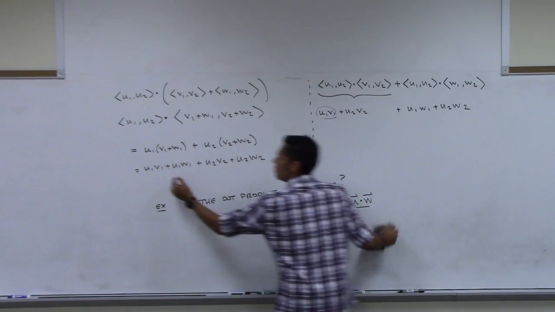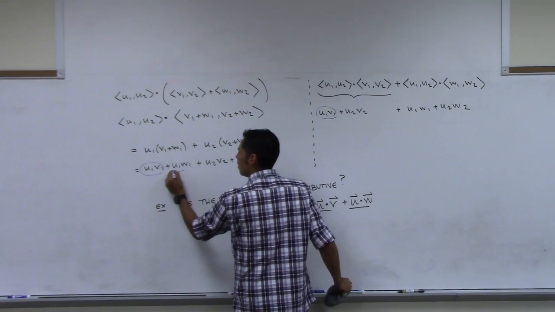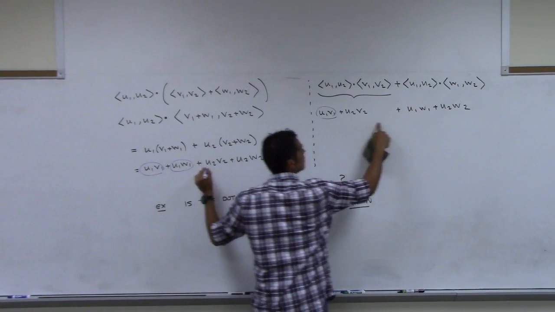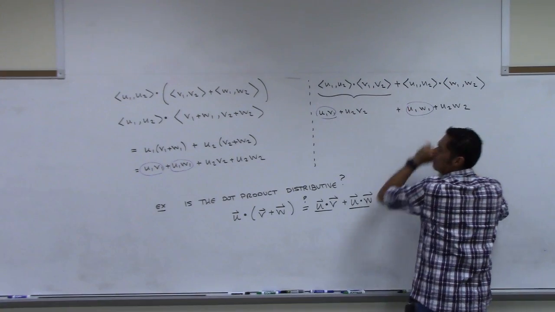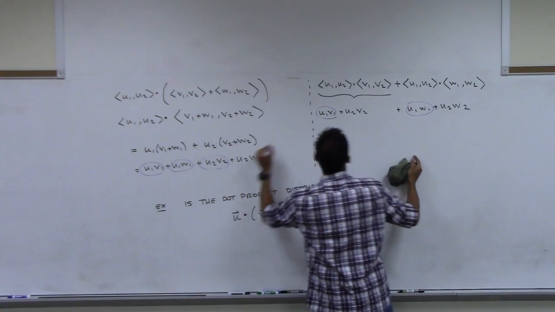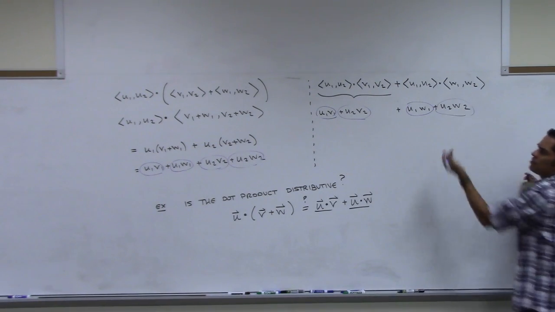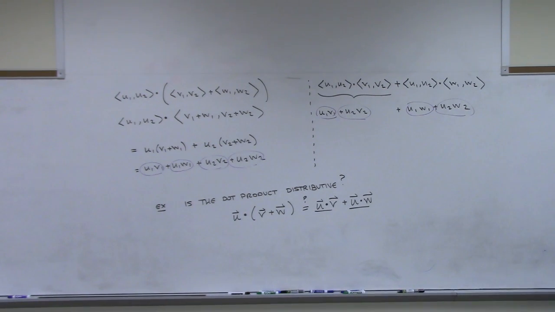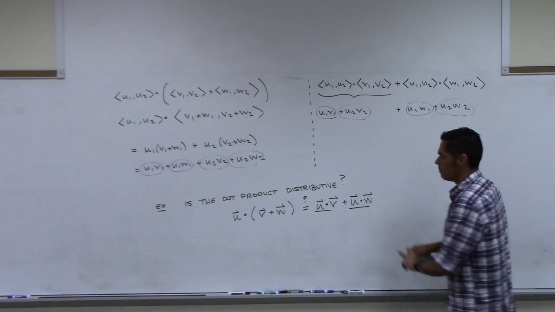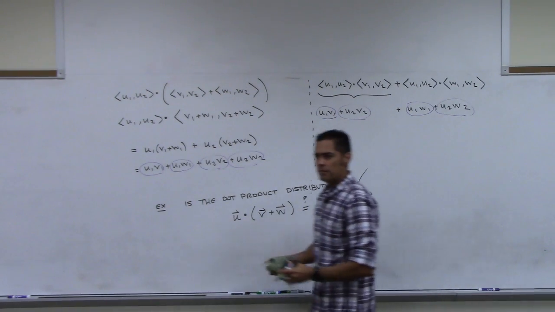U1 V1, U1 V1. U1 W1, U1 W1. U2 V2, U2 V2, U2 W2, U2 W2. They're the same thing. Check. It's distributive.